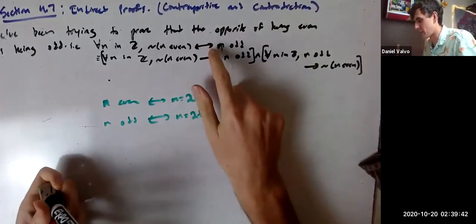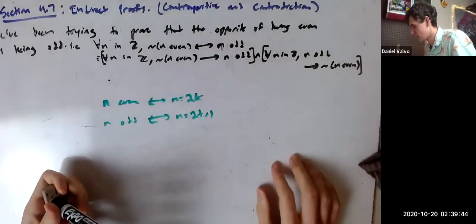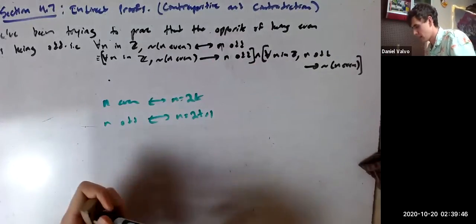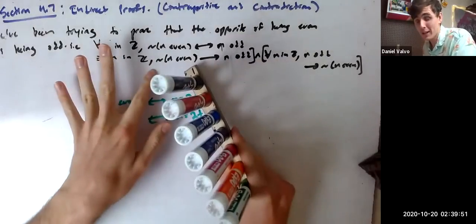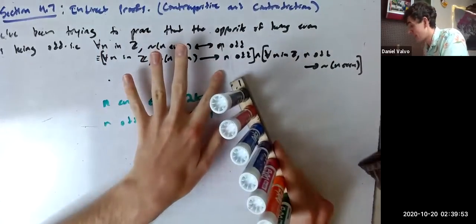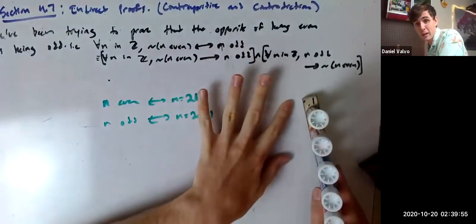That makes sense. We're just breaking the biconditional into if-thens. So we really need to prove that if n is not even, it's going to be odd. And if n is odd, it's not going to be even.